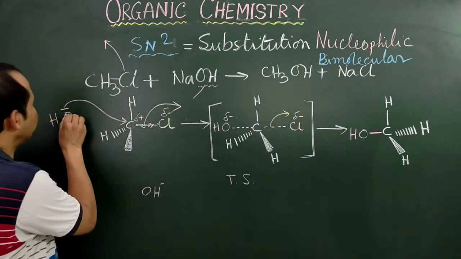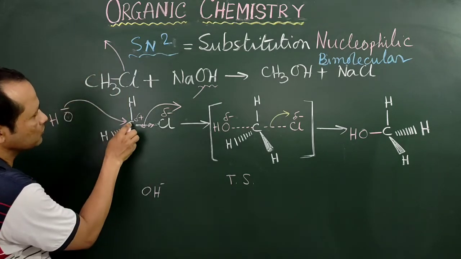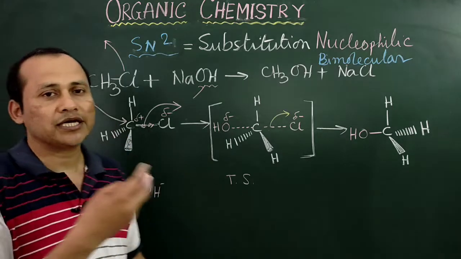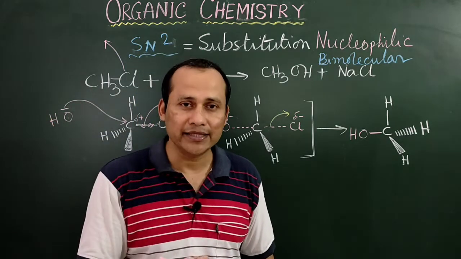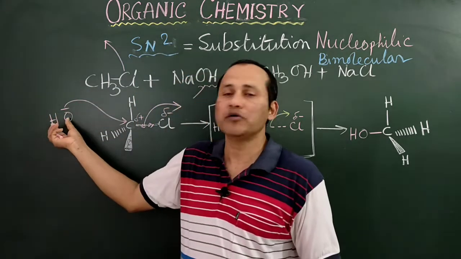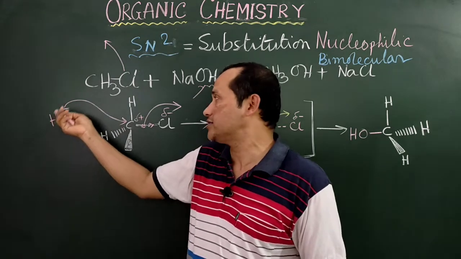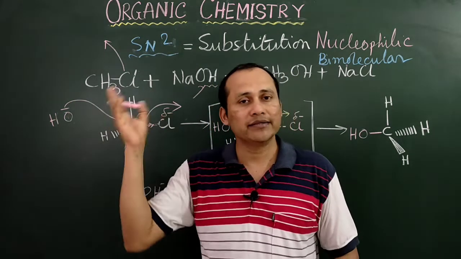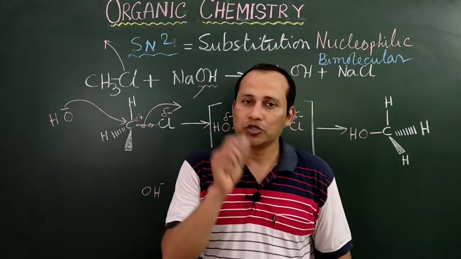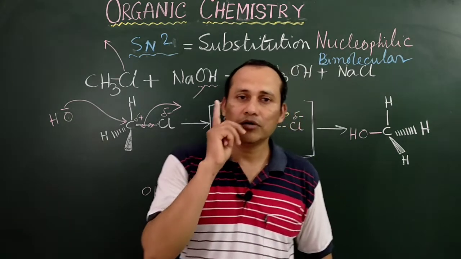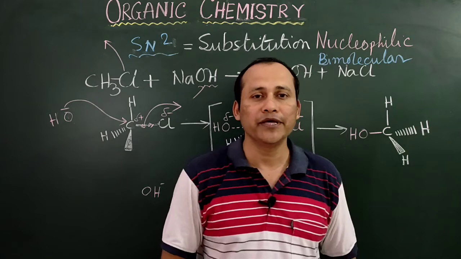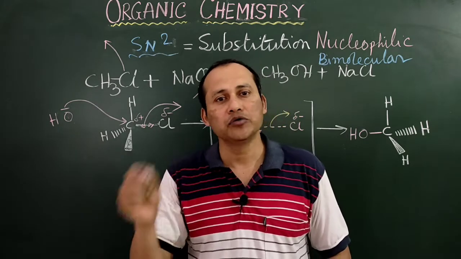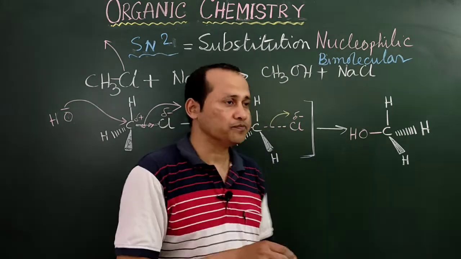If this nucleophile has greater tendency to attack here, then the reaction will be faster, and if anything used here has lower tendency to attack this one, then the reaction rate will be slower. So first controller of this reaction will be nature of the nucleophile. Number 2.